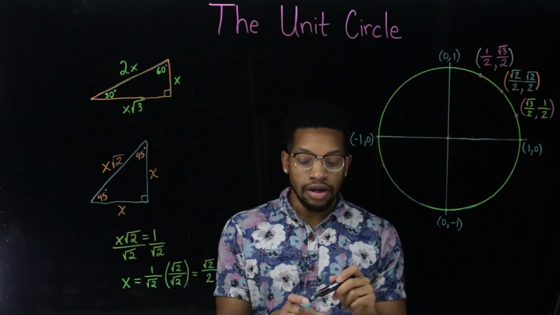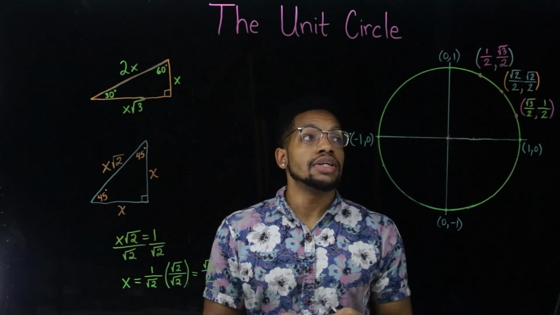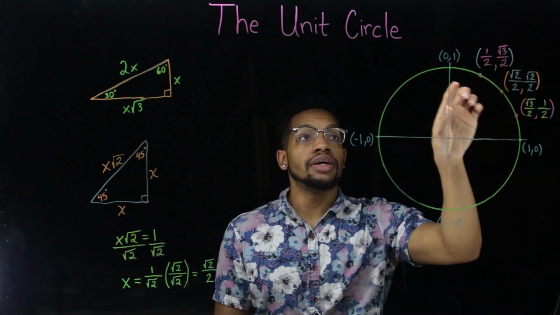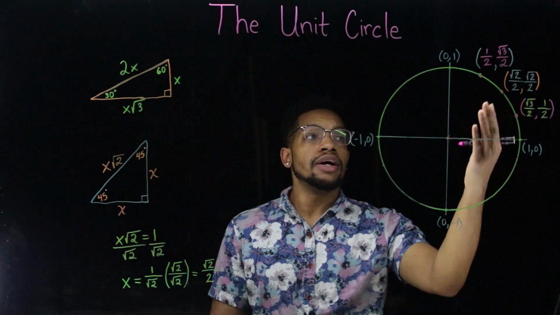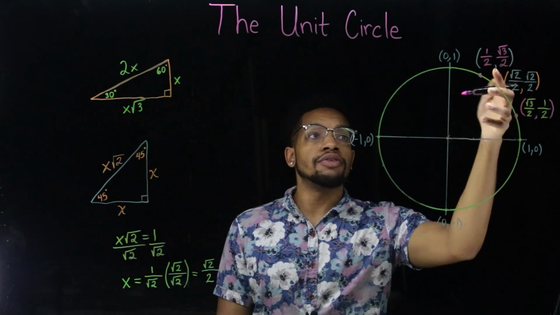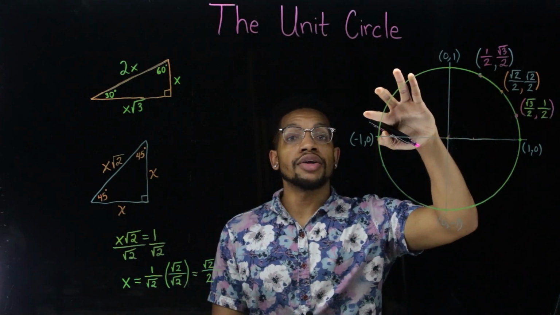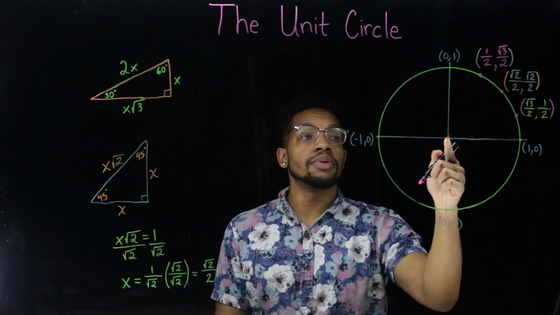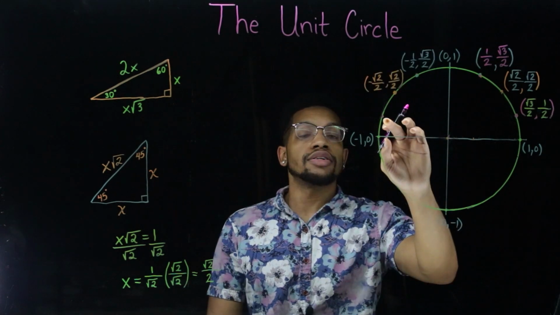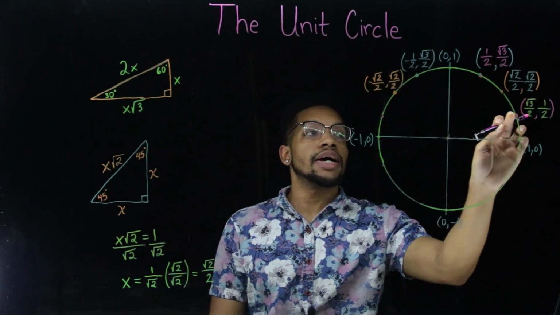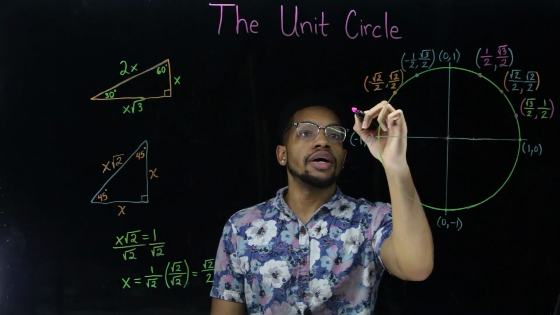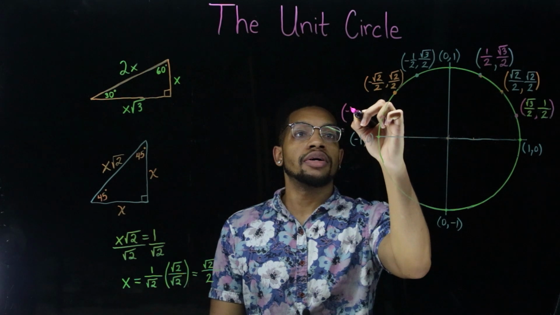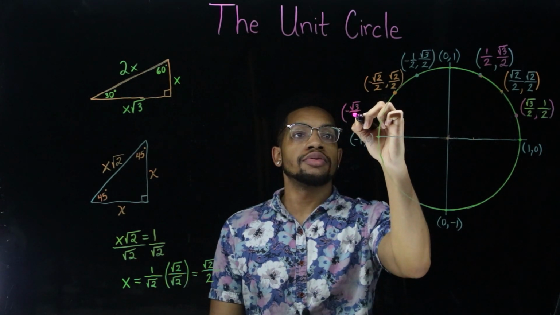All right, now, for the rest of the points, if you can understand these 3, then the other 9 points are really easy, because if you think about it, just imagine these 3 points being flipped over. So now all the x coordinates are negative, because from the middle, I'm going to the left. For this point right here, it's the same thing as this point, but flipped over the y-axis. So the x coordinate is going to be negative square root of 3 over 2.